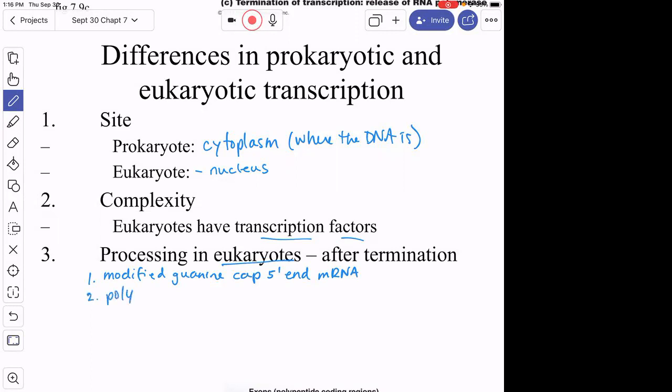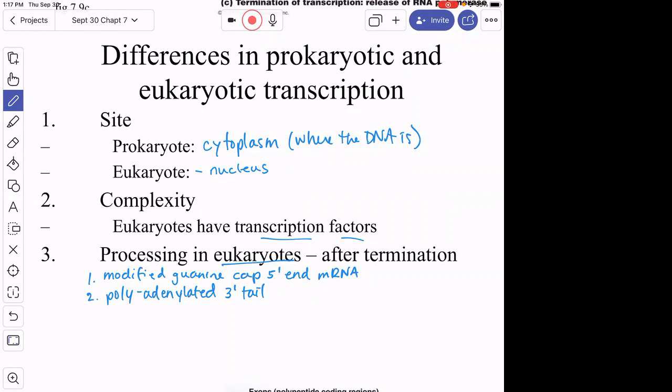And then the tail, the 3' end, is polyadenylated. Okay, so that's the 3' tail or the 3' end. Okay, so the 3' polyadenylation is basically a bunch of adenines added to the 3' end.